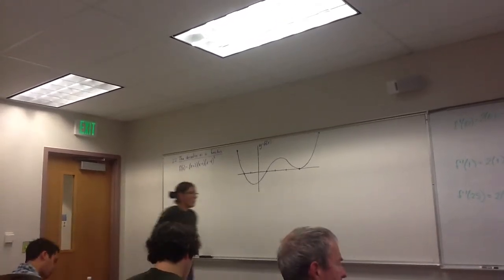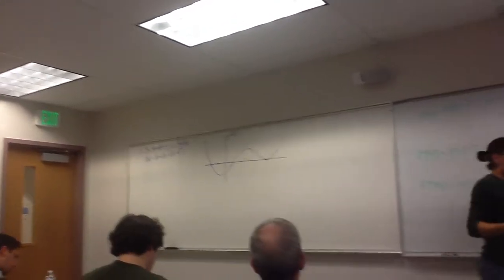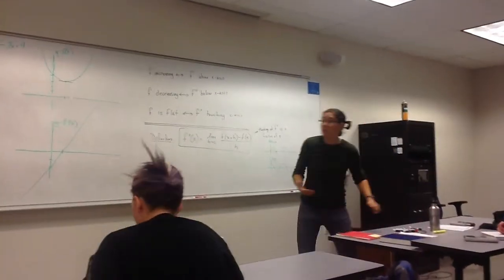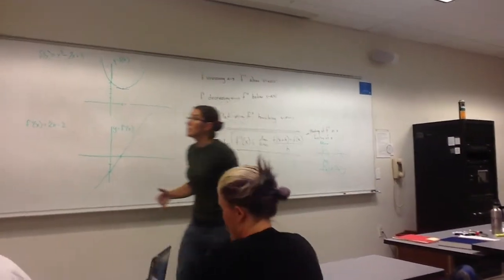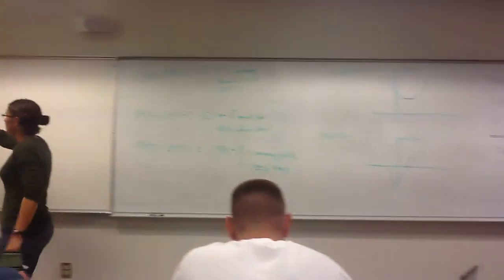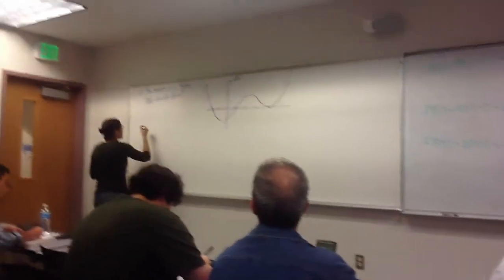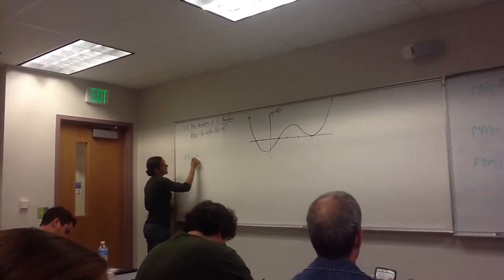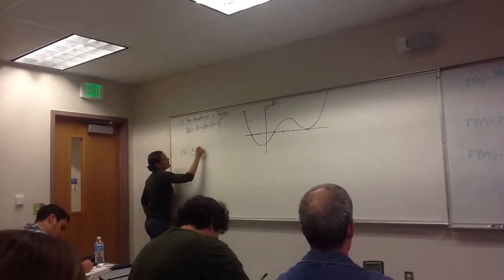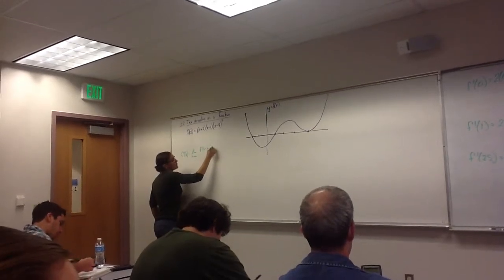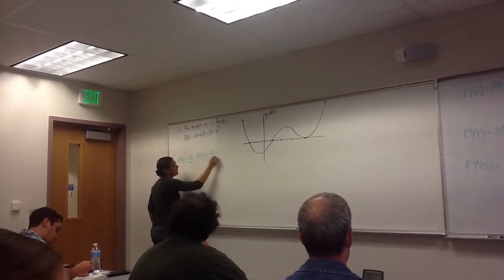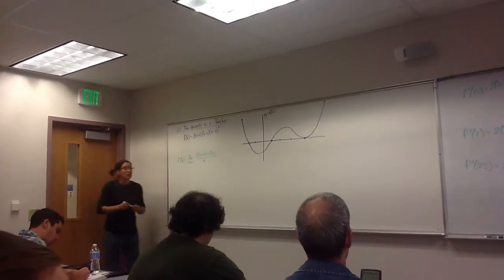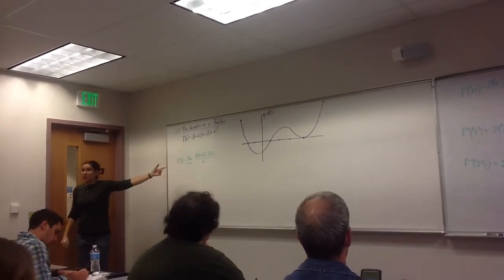Now, what we'd like to do is analyze what our derivative function is going to look like. One way to do that would be to use our limit definition of a derivative and calculate f prime of x by looking at the limit as h goes to 0 of f of x plus h minus f of x all over h, and evaluating this limit.